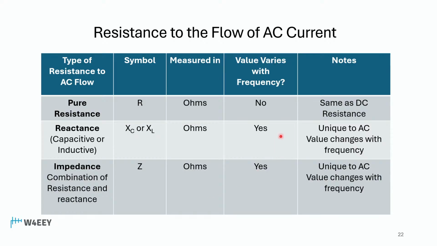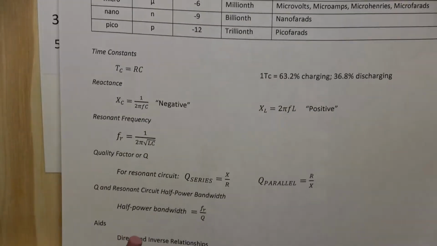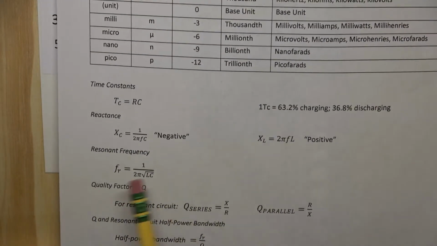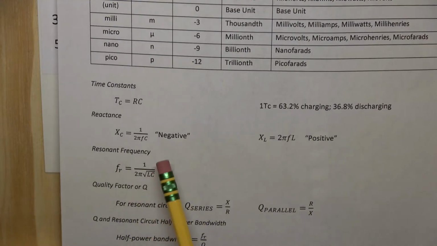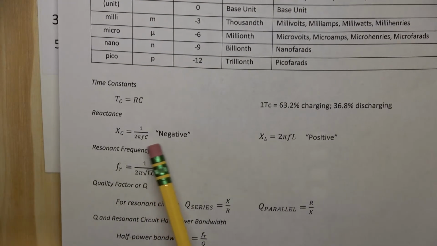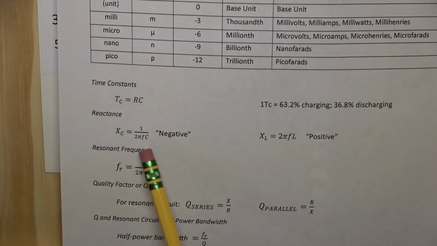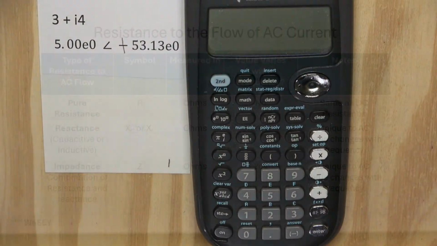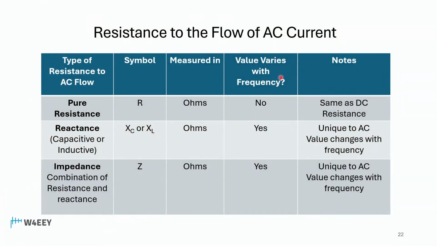If you look on your extra class reference sheet, again, we keep going back to that, the formulas for capacitive and inductive reactance both have an F in them for frequency. So that's why, if we go back to this chart, we see that the value varies with frequency for reactance.